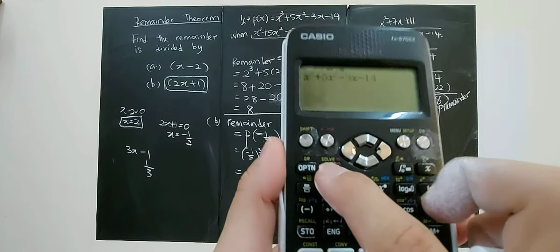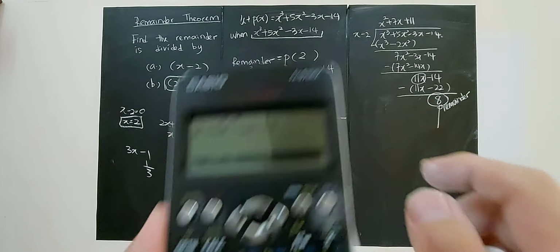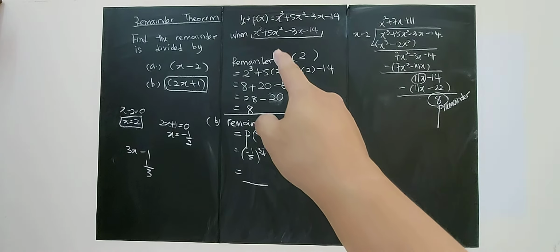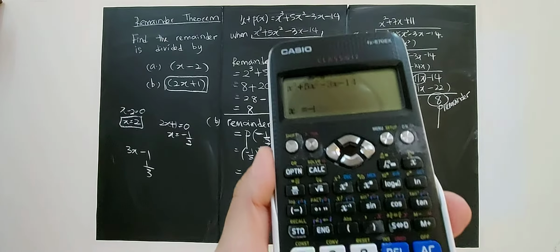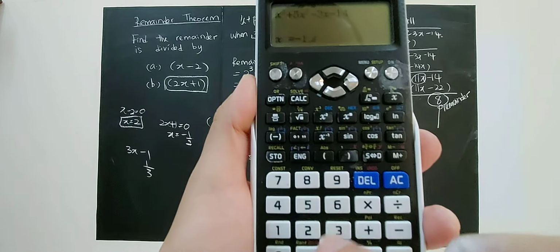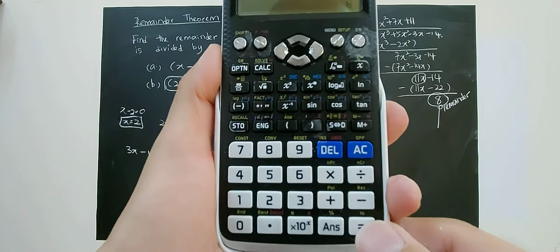I press the calculate button beside option. I want to find the value for negative 1 over 2 if I substitute it into the polynomial. So I calculate negative 1 over 2, pressing equal, one more time.